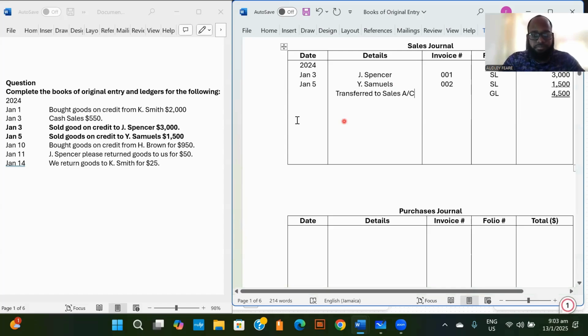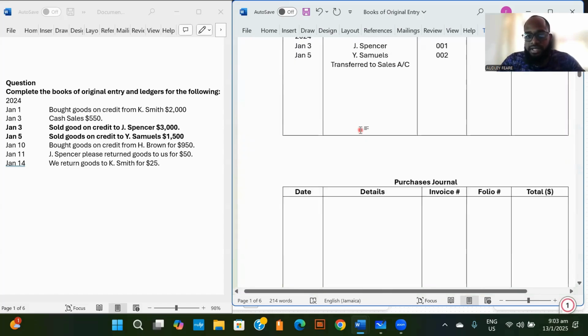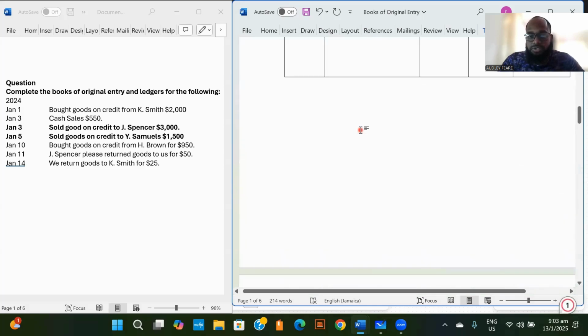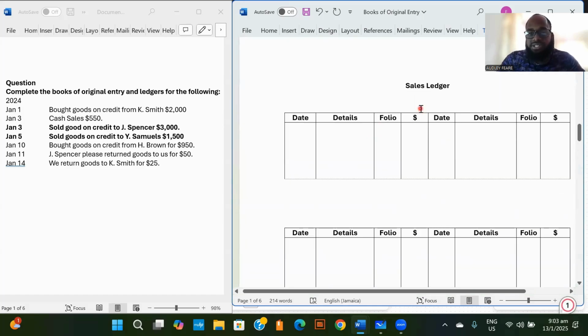All right. Let's go to the sales ledger. So, the sales journal to the sales ledger. Now there are two persons who we sold goods to on credit, and people who we sell goods to on credit are called debtors.